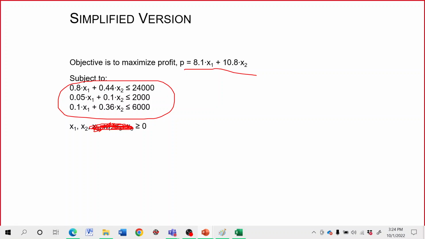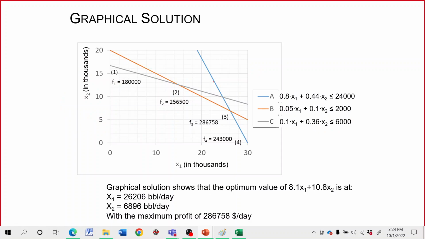We use this simply because we only have two variables to solve, and that makes it a 3D problem: we have x1, x2, and then we have the objective P, so a three-dimensional problem. In this case, we can simply draw it on a 2D plane, like a graphical solution. So we have x1, which is crude 1, and x2, which is crude 2, in thousands.